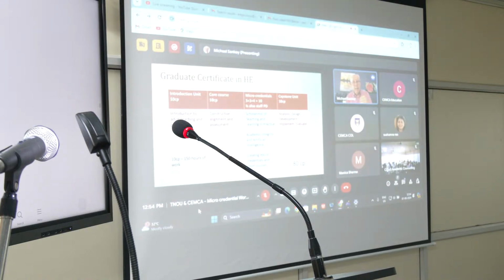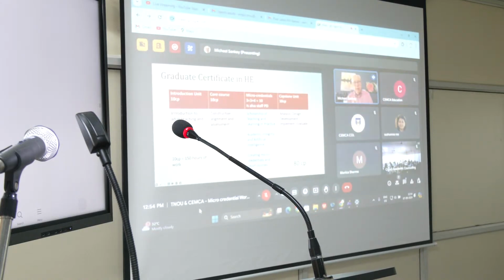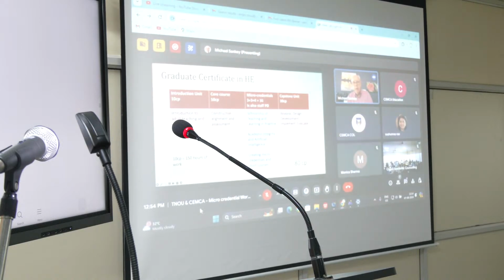In our particular case, we have a suite of micro-credentials. We can take these 3, for example: scholarship of teaching and learning and practice, academic integrity and artificial intelligence, creating micro-credentials and short courses. You can take 3 out of the 5 or 6 we have, and they have different credit points, so 3, 3 and 4 would equal 10 credit points.